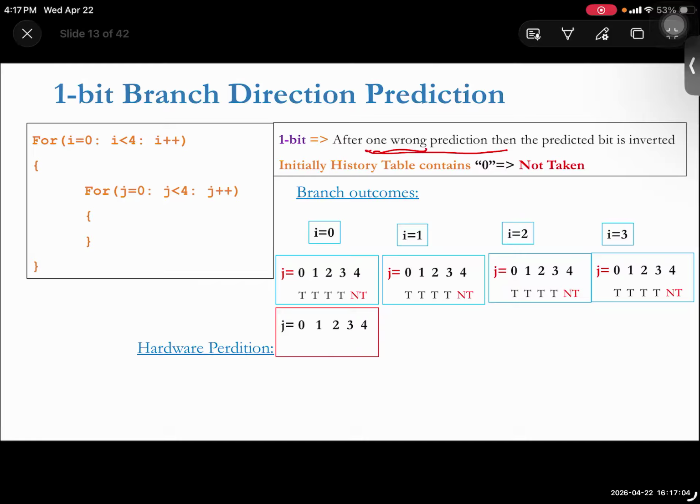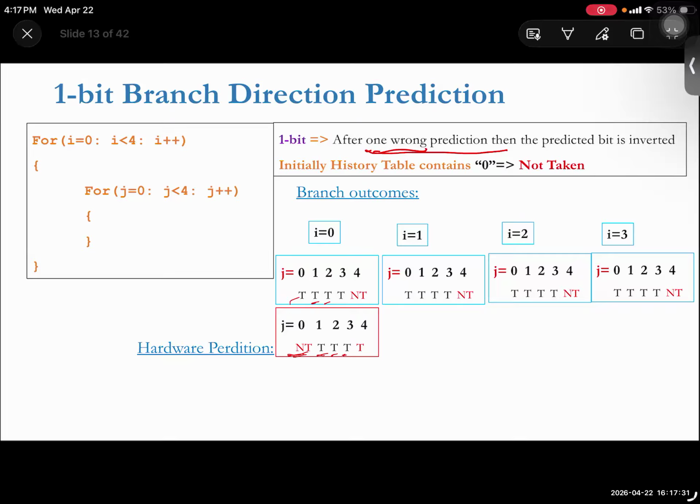So let us see this in the animation now. It assumed starting with not taken, but actually it is taken, so it inverted its bit to taken. Then comparing this T with iteration 1 in the actual outcome, it's true. Then it predicts that in the future also it will be taken. After execution, if it is taken at iteration 2, the prediction is correct.